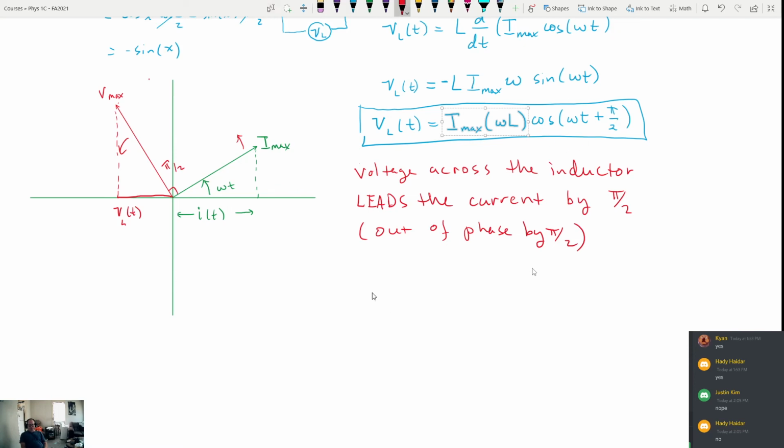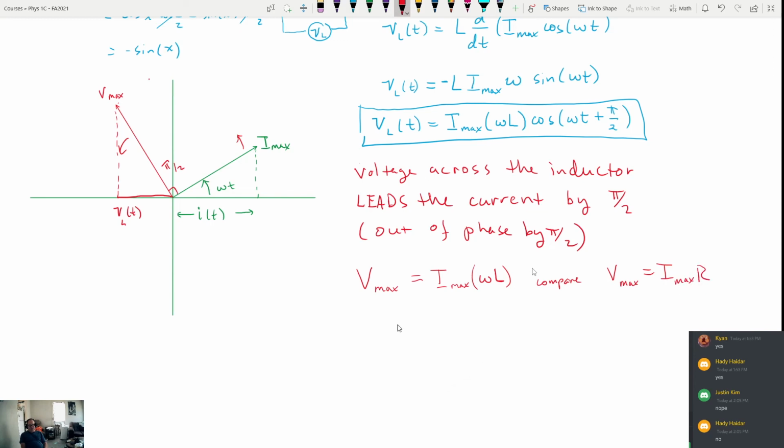So this must represent the maximum voltage. So Vmax is equal to Imax times omega times L. And now what we want to do is make this equation look like our equation for the resistor. For the resistor, what we have is Vmax equals Imax times R, right?